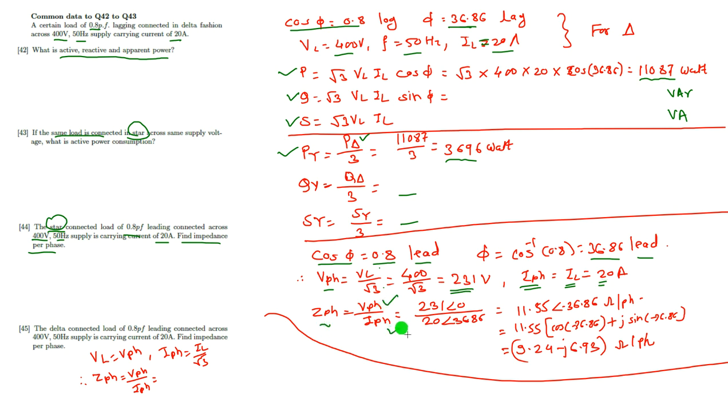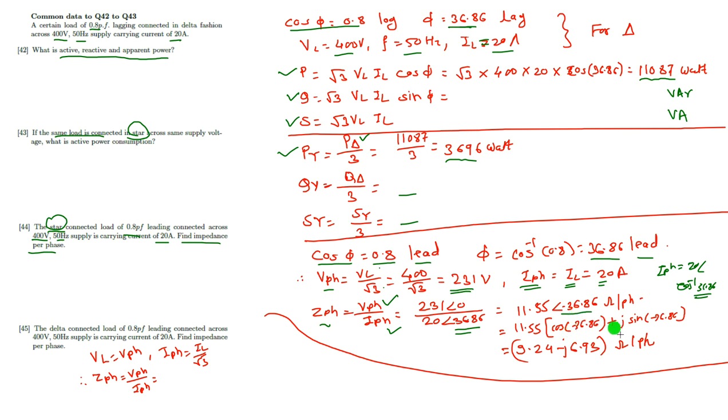So how will you calculate ZPH? ZPH is equal to VPH upon IPH. Taking VPH as the reference, VPH is 231 at an angle of 0 and IPH is 20 at an angle of 36.86, because the magnitude of the phase current is 20 but the angle is the power factor angle. So it is 36.86. So this ZPH will give you 11.55 at an angle of minus 36.86 ohm per phase.